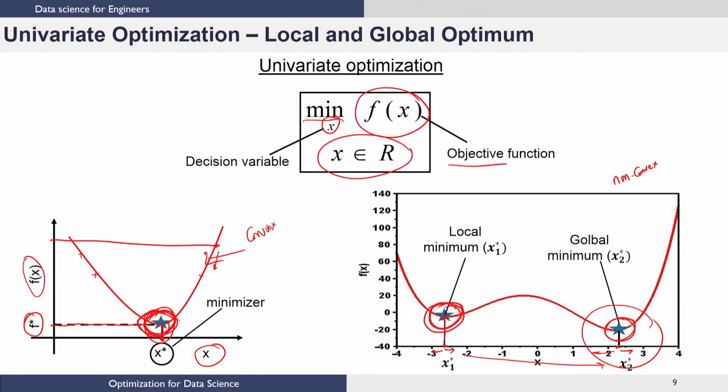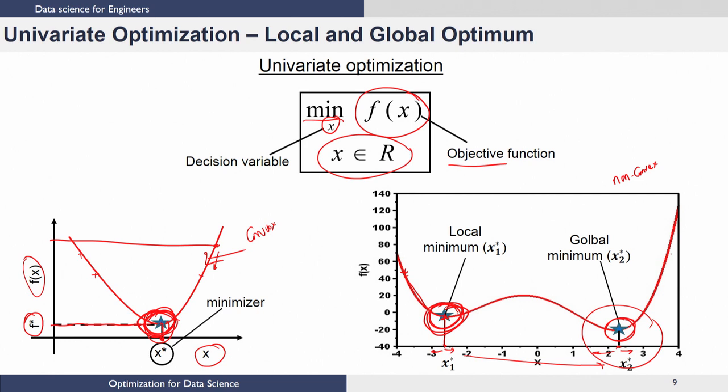However, notice this picture right here. For example, if I started here, I want to better my function, so I will keep improving it, and when I come here, there is no way to improve it any further. So, I might call this my best solution, and then the data science algorithm will converge.